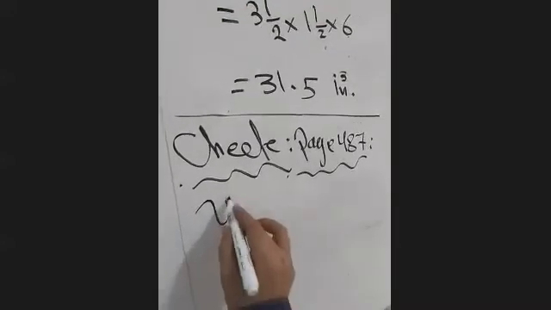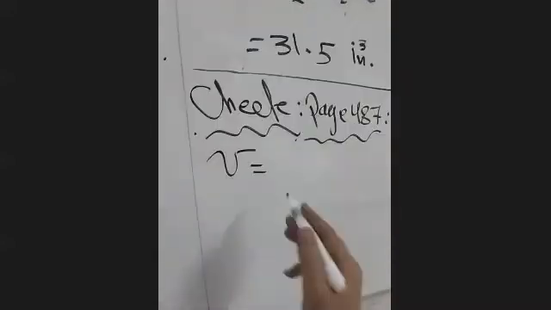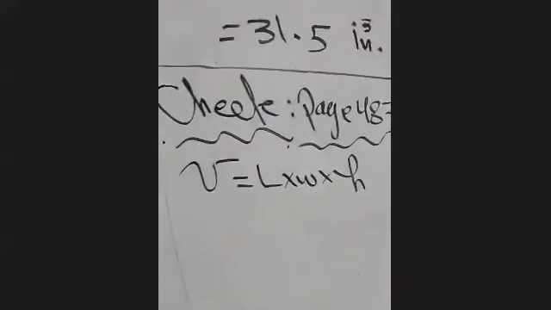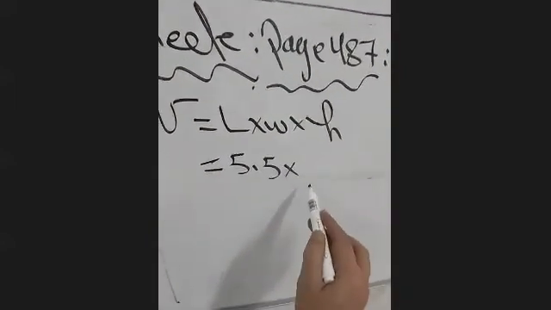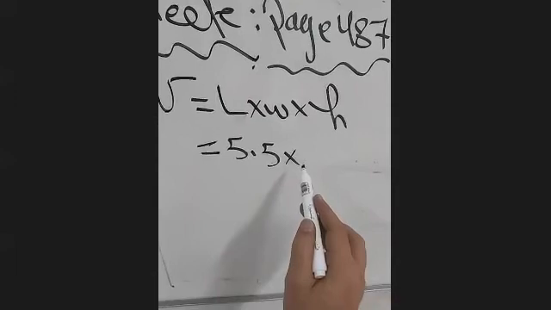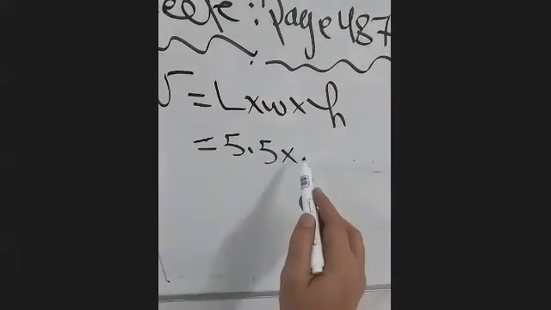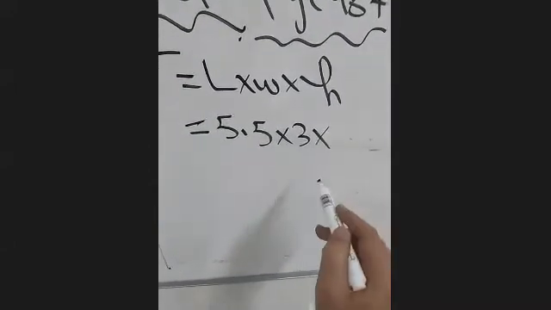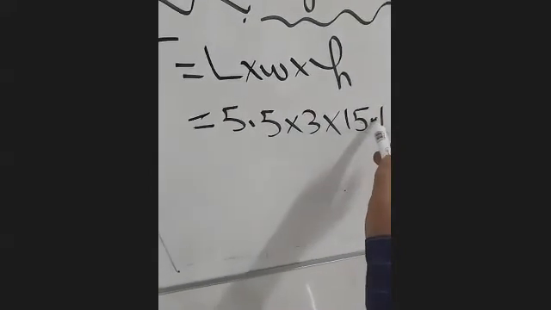Let's multiply length, width, and height. We start with the formula. The volume equals length by width by height. The length is 5.5, the width 3, the height 15.1.